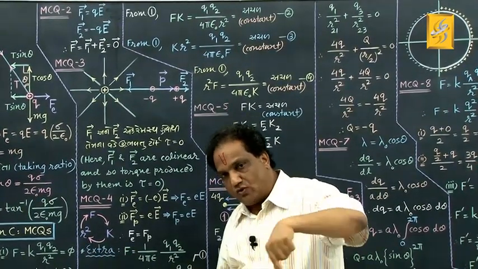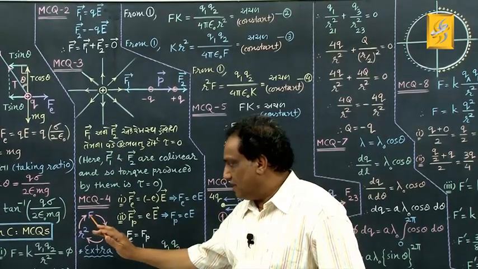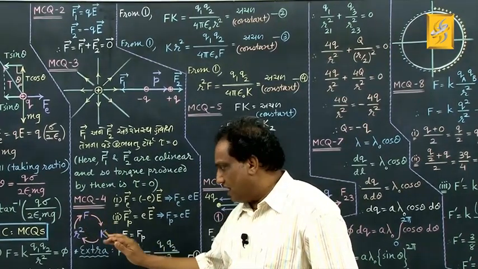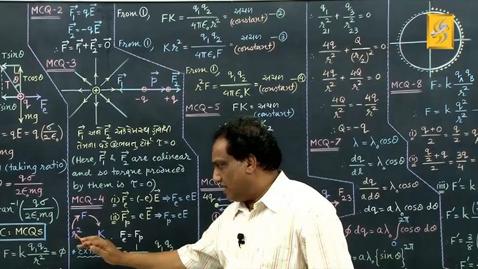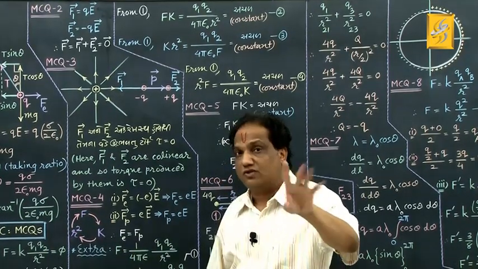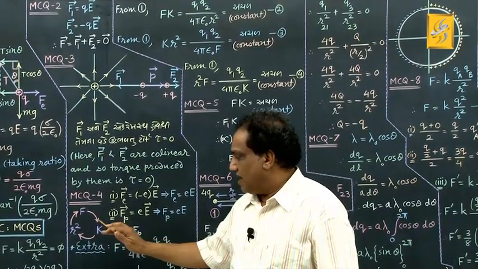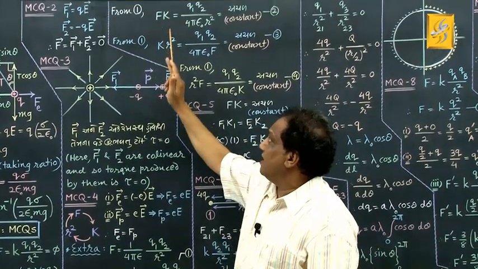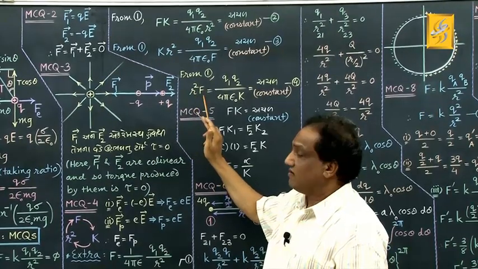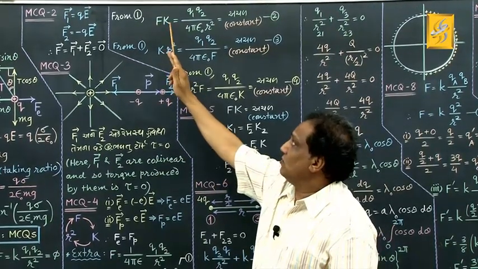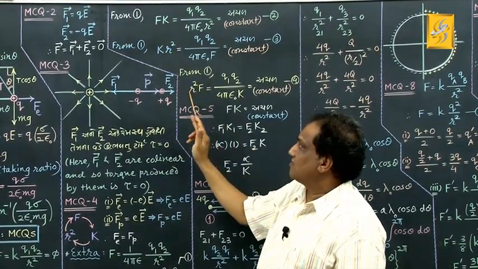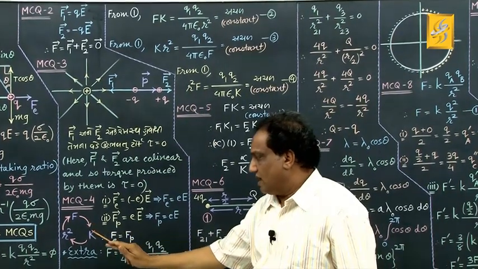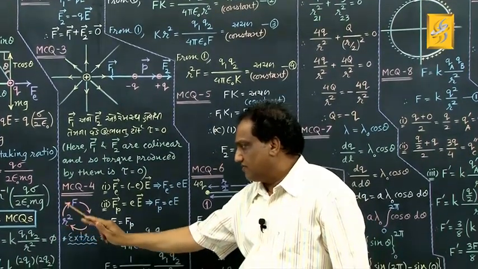Just go clockwise, then you may remember this way: F into K, K into R square, R square into F will remain constant.